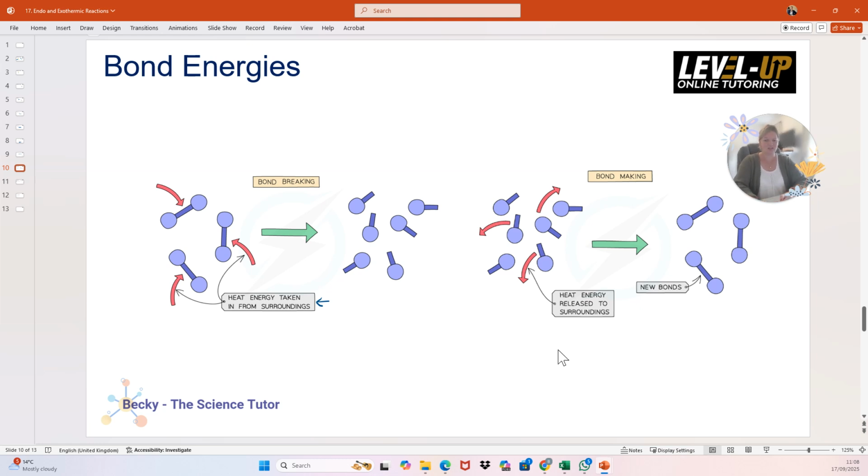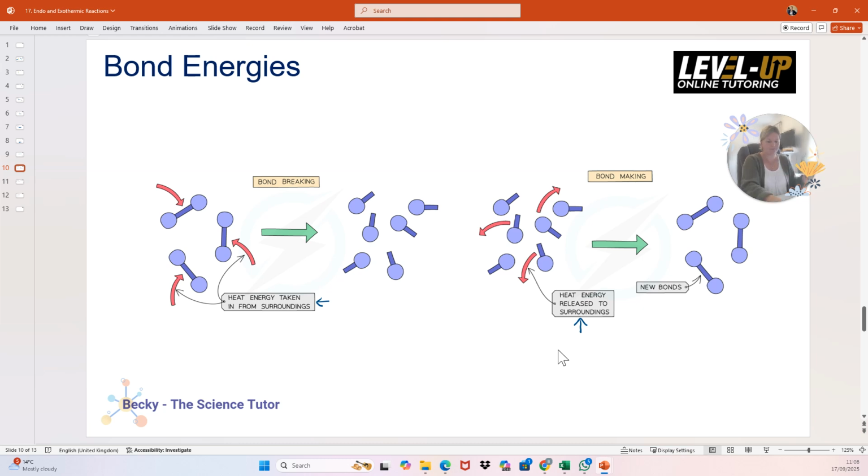So if I was going to add that hydrogen to my oxygen, when I then reform that bond, when I start to make those bonds again, bond making releases energy to the surroundings. So I've got to put the energy in, but I get some energy back. And basically it's the difference between how much energy you needed to use to break those bonds compared to what you got back.